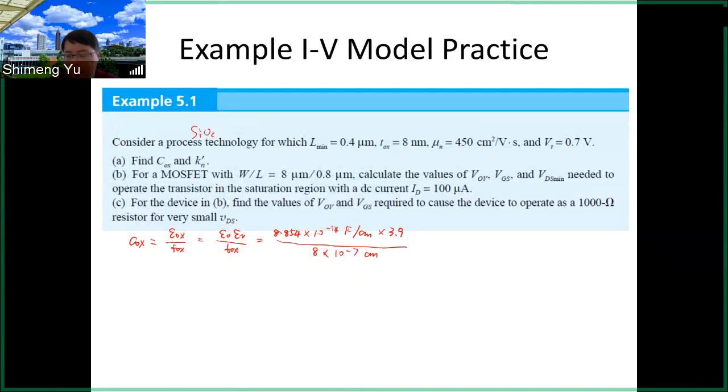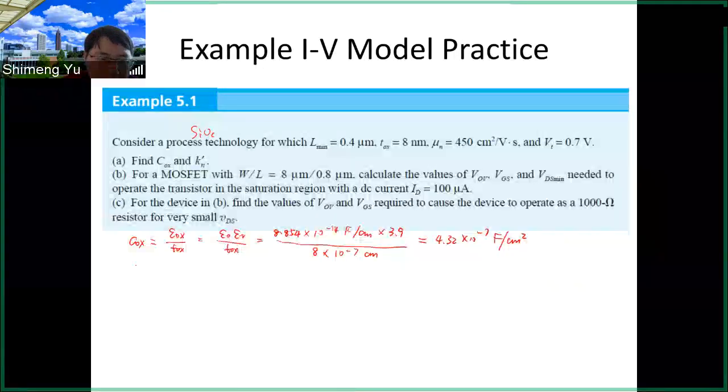We want to use centimeter for the length unit, as we discussed. If you do the calculation, you will get 4.32 times 10 to the minus 7 farad per centimeter squared.